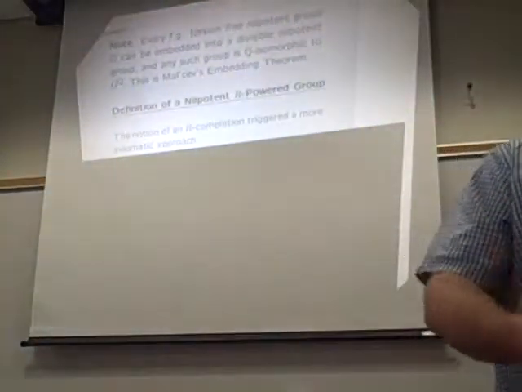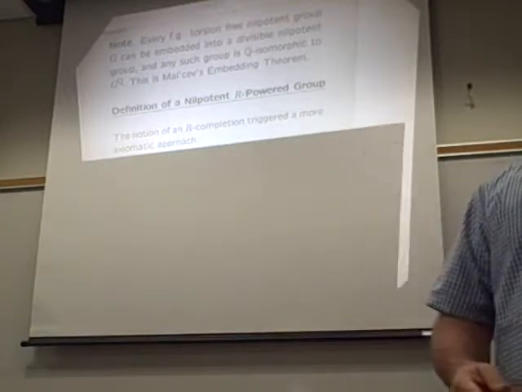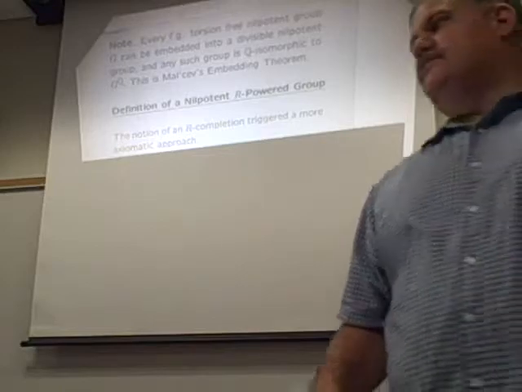Okay, so now it turns out that this idea that Maltsev had triggered a more axiomatic approach. Namely, let's define a nilpotent R-powered group in such a way that this G completed by R is one of these objects. So now I'm going to lay down a few of the axioms which hold. Let's suppose G is any nilpotent group, and let R be a binomial domain.